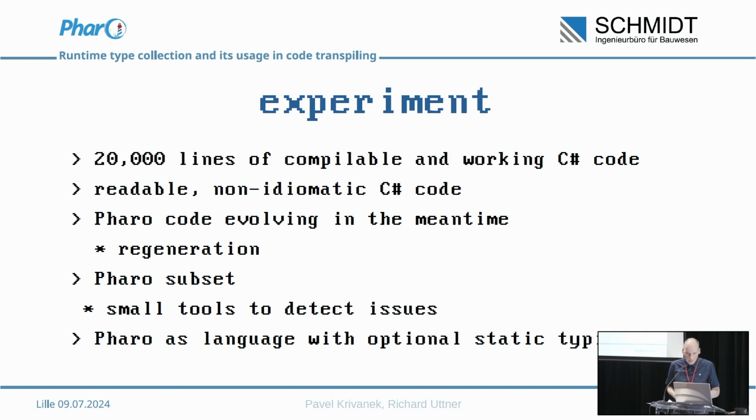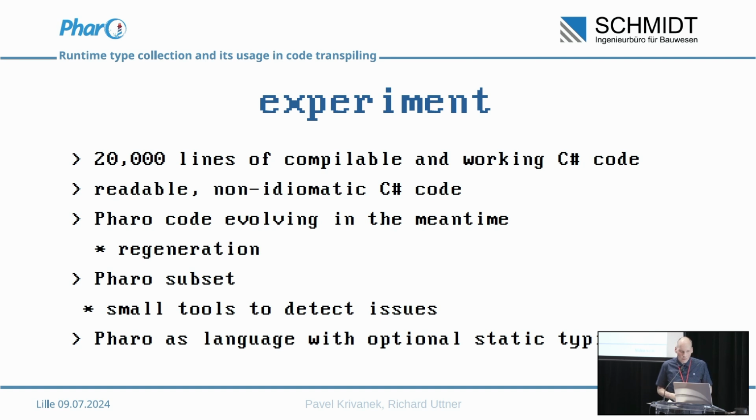But we did it the way that while transpiling, we were still updating the Pharo code. So we often regenerated the code. For us, the Pharo code was the main source of truth.